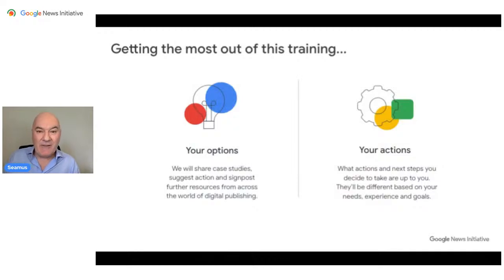A nice way to begin this training course is to make sure that you're going to get the most out of this training. Of course, we are going to want to show you a variety of options available to you as a publisher, this shift from traditional to digital. However, it's really important for us to say right up front that these are just options. As we all well know, the world of digital publishing online is very complex. Each and every business has different challenges, a whole different audience, and a varying amount of resources available.